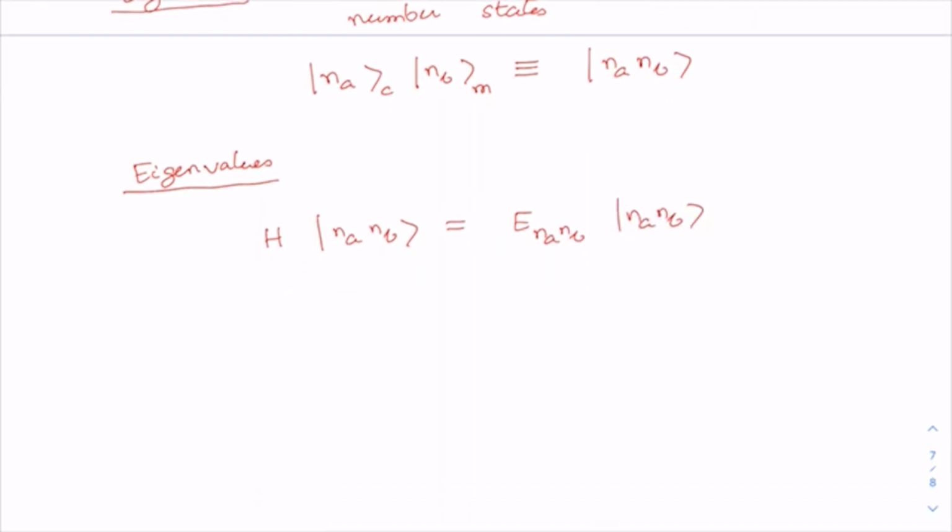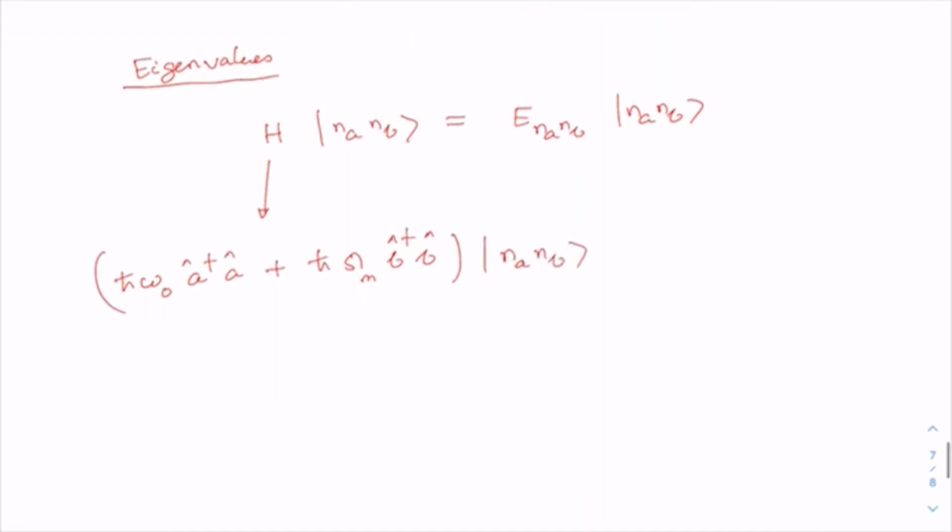First of all, let me put in the Hamiltonian, that is ħω0 a†a plus ħω_m b†b. Here we are considering that capital Z, the coupling parameter, is 0.